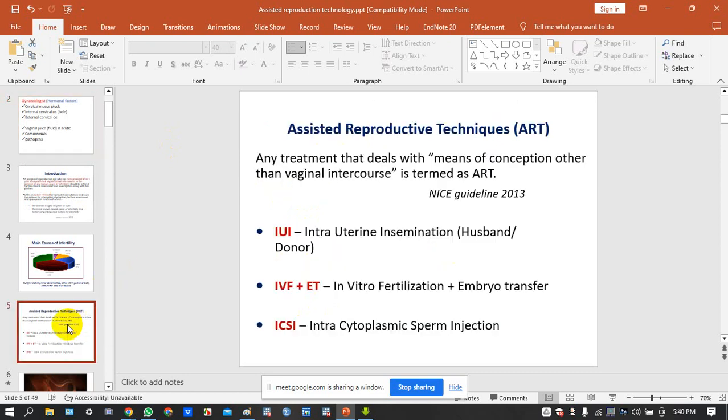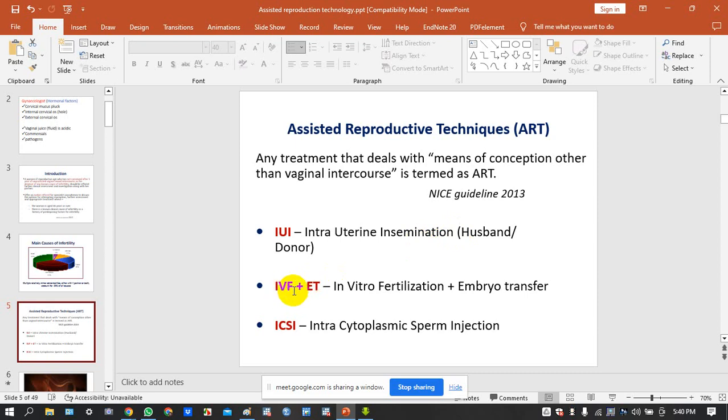So that's why we do the intrauterine insemination. You harvest the sperm, or if the man is azoospermic and cannot produce sperms, then you look for a donor to bring a sperm. Then we insert the sperm inside the woman's fallopian tube so that the woman will be pregnant.